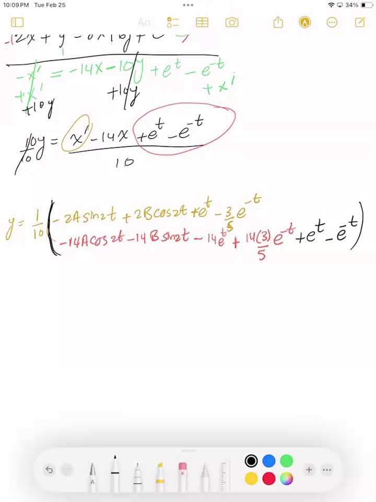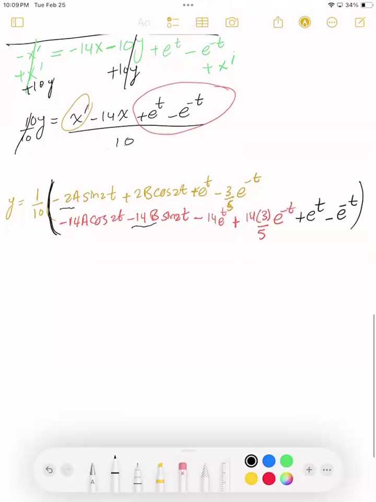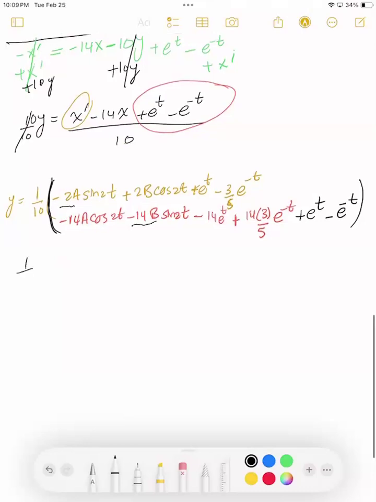For sine, we have negative 2a and negative 14b, and then we have sine of 2t.